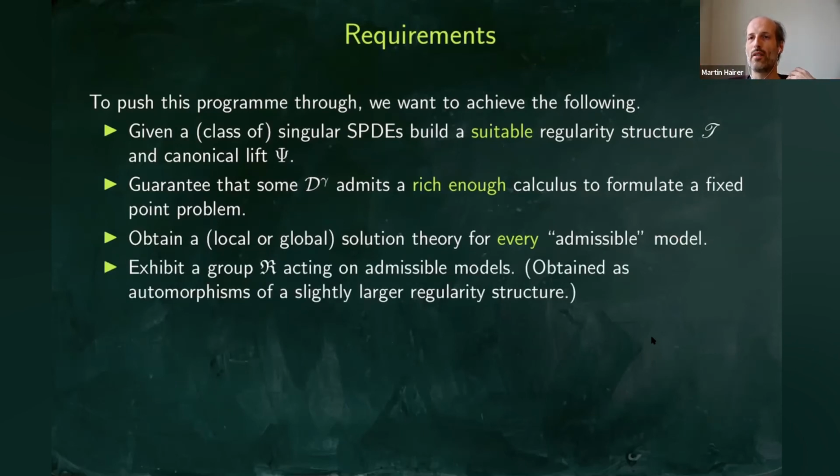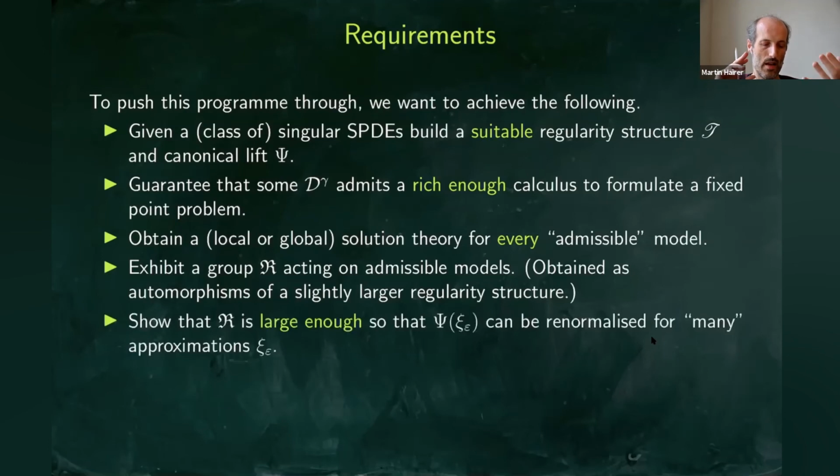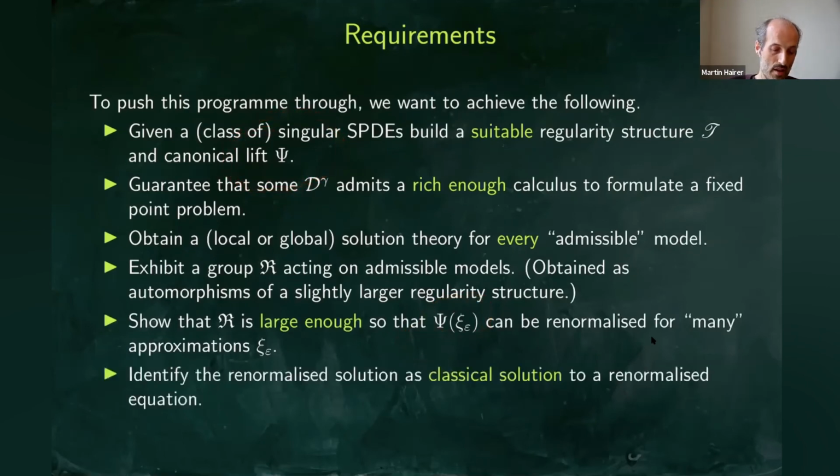So you need to figure out what is that group R, which acts on models, and then show that this group is large enough so that it's possible to find these group elements M epsilon, so that if you smoothen out your noise, look at the model that's built from it, and then act on it with M epsilon, it converges to a limit. And then finally, you need to identify this adjoint action of that group on the space of equations.